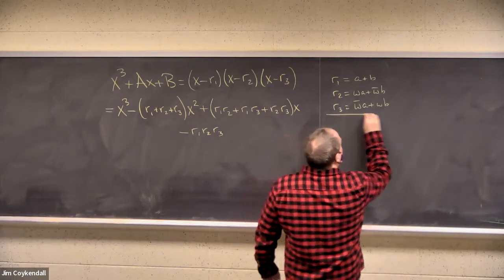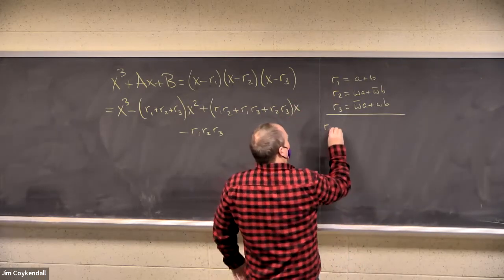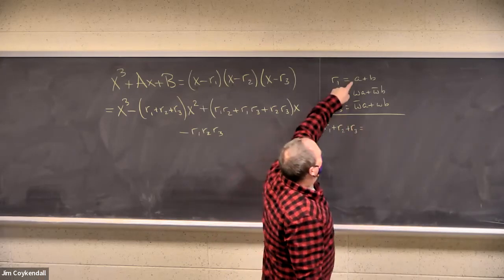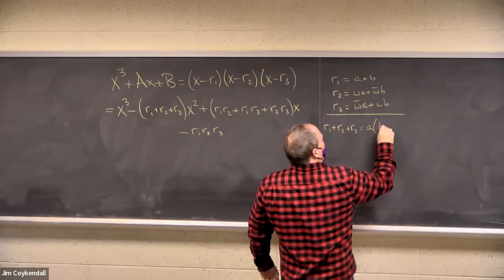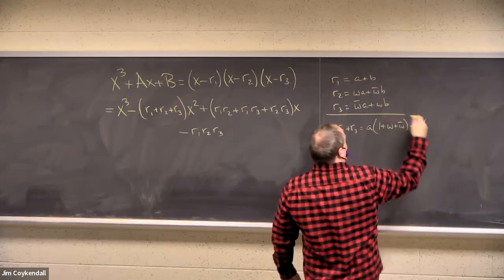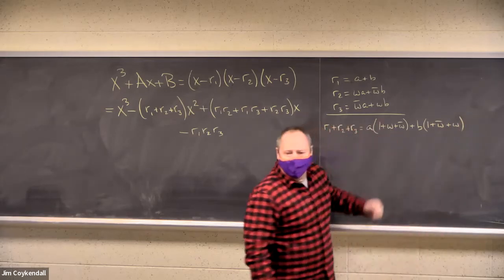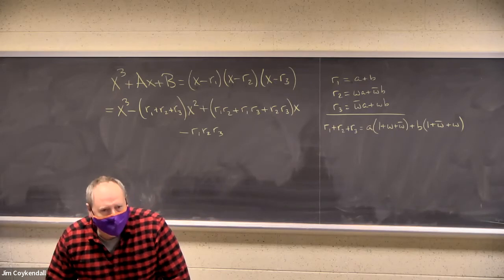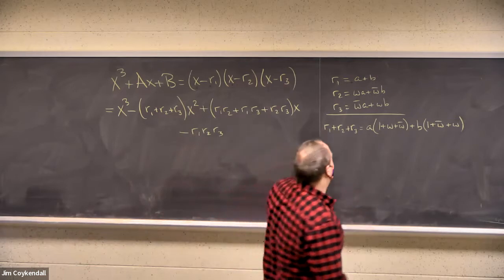Notice, and this is a great sign, add this, and you get R1 plus R2 plus R3, and you get A times 1 plus omega plus omega bar, plus B times the same business. And what does 1 plus omega plus omega bar add up to? 0. This is a really good sign, and this means that I was sagacious in picking it this way.